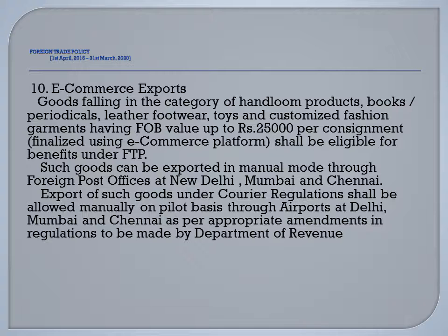Such goods can be exported in manual mode through foreign post offices in New Delhi, Mumbai, and Chennai. Export of such goods under courier regulations shall be allowed manually on pilot basis through airports at Delhi, Mumbai, and Chennai as per appropriate amendments in regulation to be made by Department of Revenue.